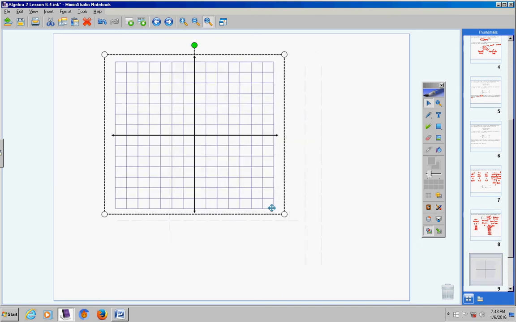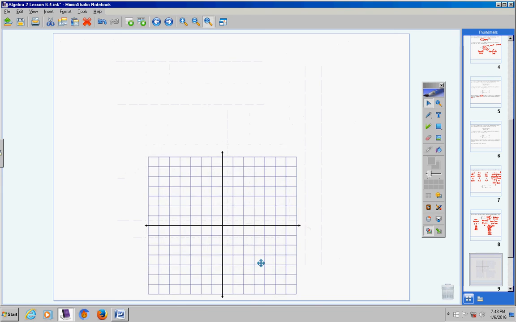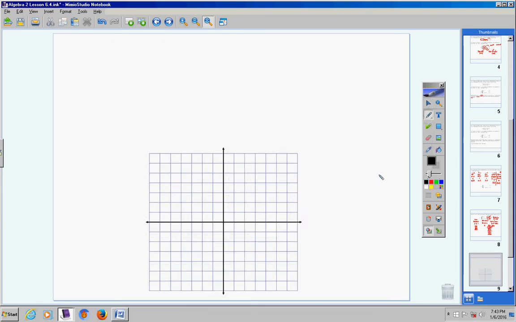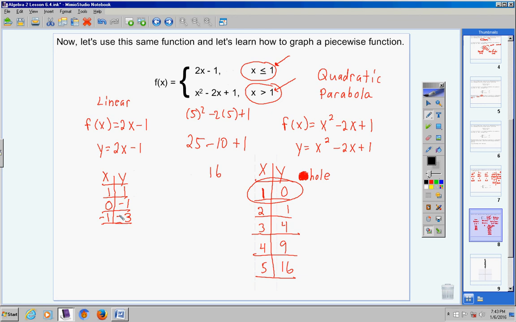So let's shrink it down a little bit, slide this down a little bit, and let's see if we can do this. Let's extend this thing up to 16, 7, 8, 9, 10, 11, 12, 13, 14, 15, 16, and we are good to go.